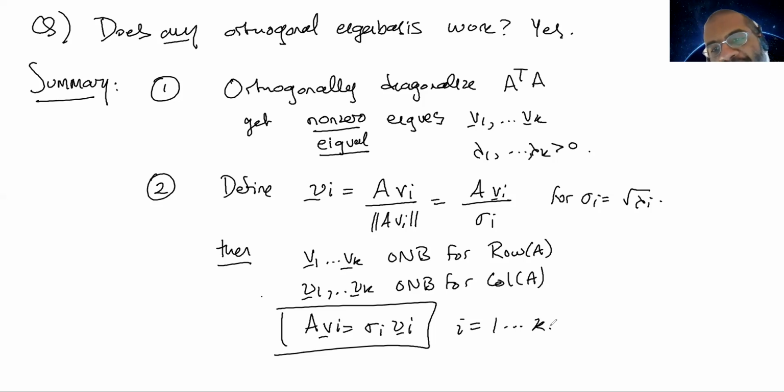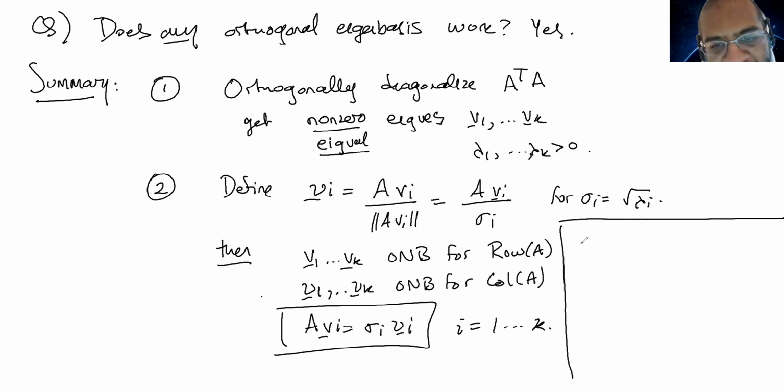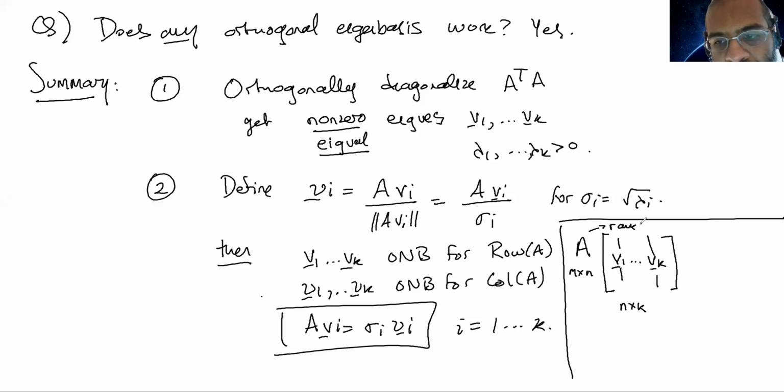Now, why is this called a decomposition? Well, let's write it in matrix notation. When you multiply A, which is an M by N matrix, by a matrix whose columns are the v's, so this is an N by K matrix, remember, A is rank K, then this is equal to the u's multiplied by the sigma i's.